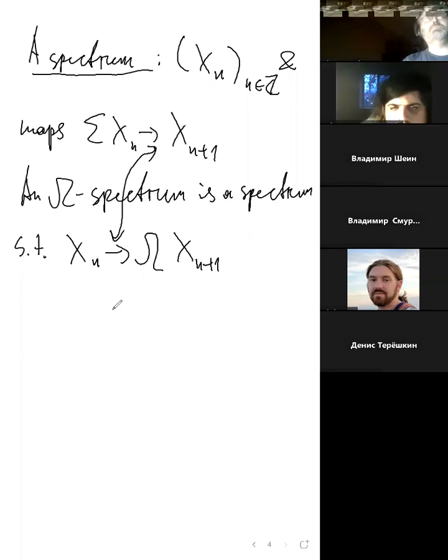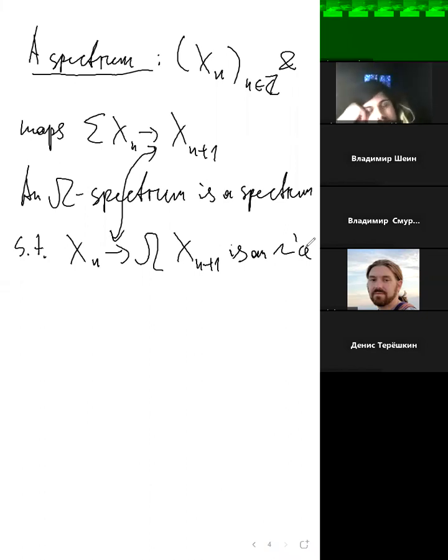By adjunction, we can pass from suspensions to loop spaces. As a result, we get a map from the nth space to the loop space of the next one. If all those maps happen to be equivalences, then we say that the spectrum is an omega spectrum.